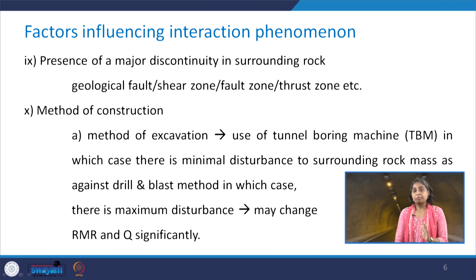Presence of major discontinuity in the surrounding rock is also one of the major factors influencing the interaction phenomenon. Now this major discontinuity can be a geological fault, or a shear zone, or a fault zone, or thrust zone, or some of these features.